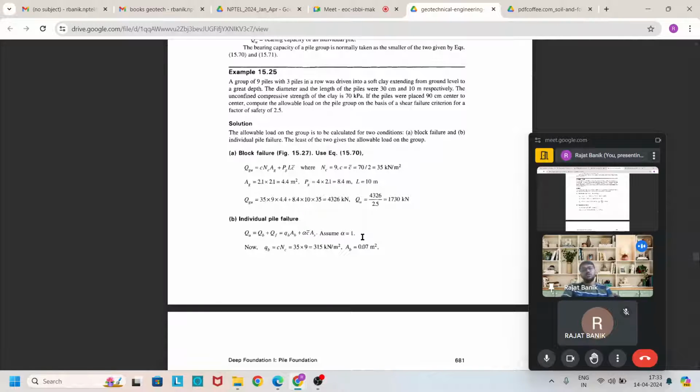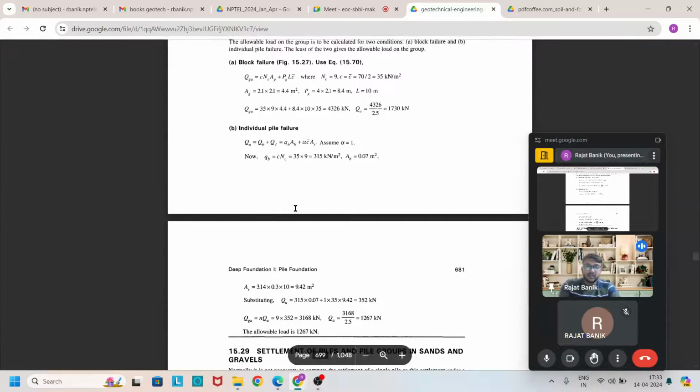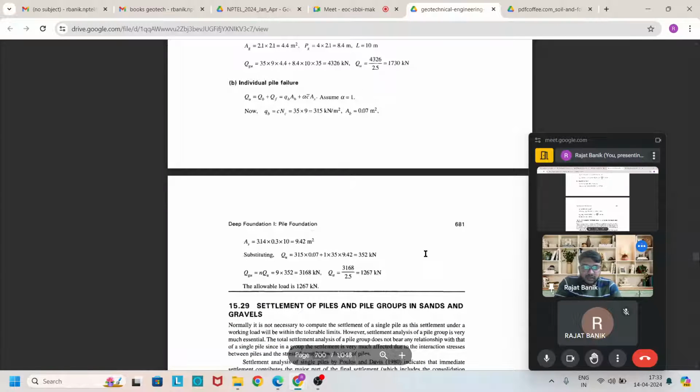I use alpha as an adhesion factor, and the alpha value is assumed 1. The formula is Nc C pi by 4 d squared plus alpha C pi d L. So n is here 9, C is 35, d is 0.3, L is 10. Putting all these values, alpha assumed 1, for a single pile it is 352 kilonewton, but there are 9 piles.